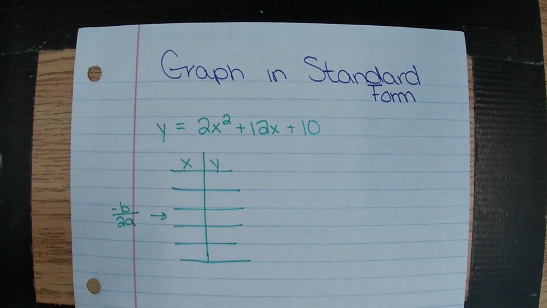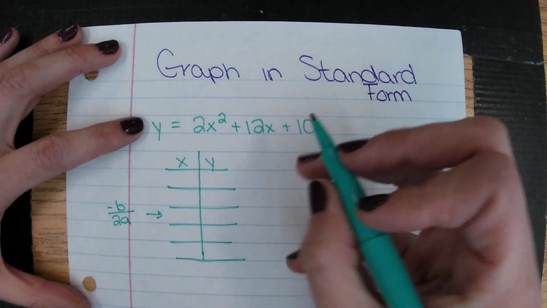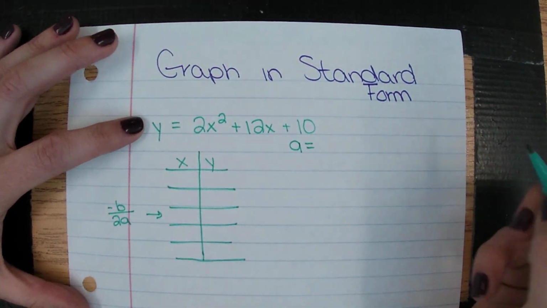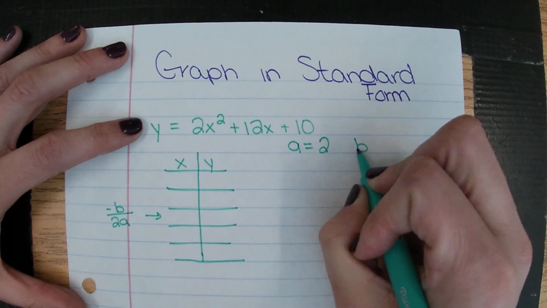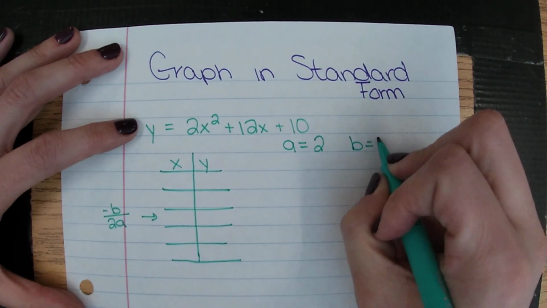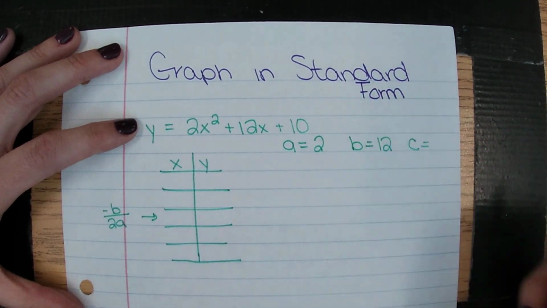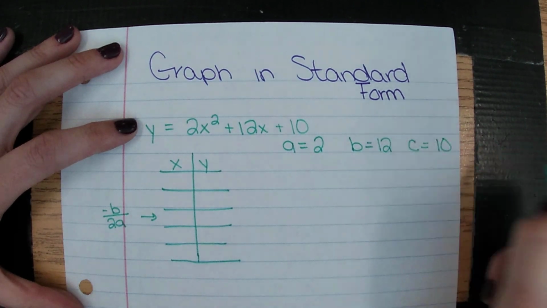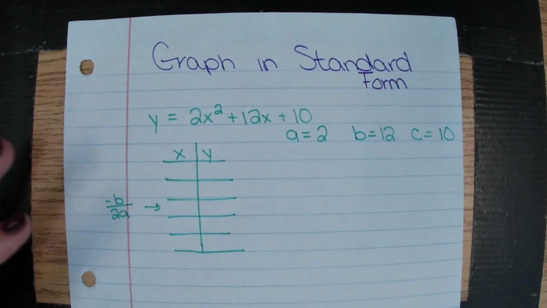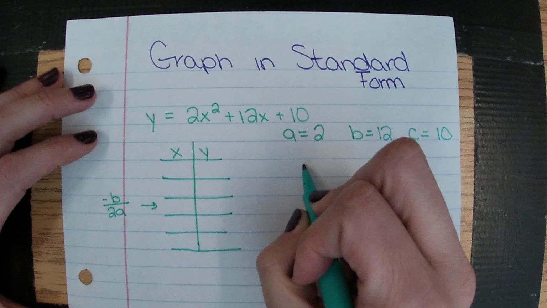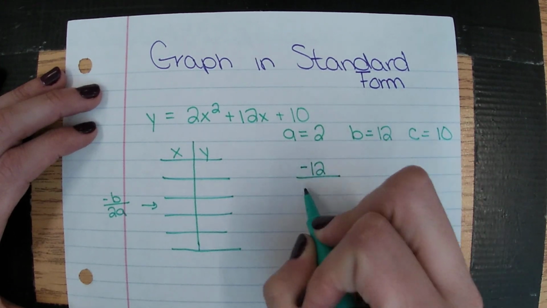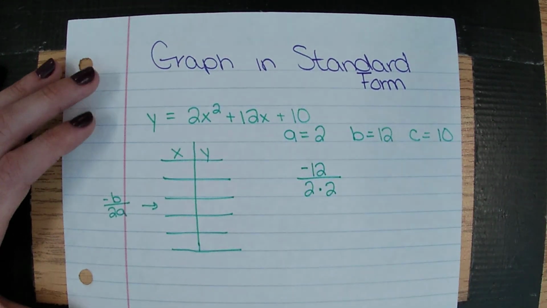Okay, so if we look up here at this quadratic, what does a equal? A is 2. What does b equal? 12. What does c equal? 10. So if we are going to do negative b over 2a, we are going to do negative 12 over 2 times a, which is 2.